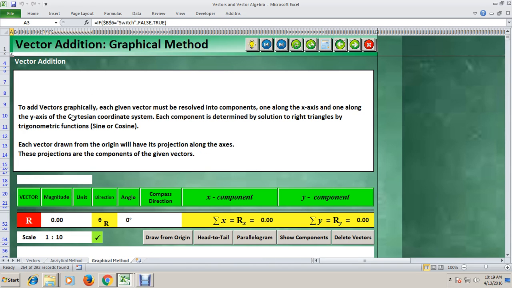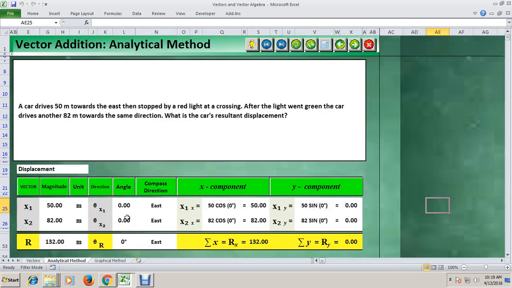Now, to add vectors graphically, each given vector must be resolved into components, just like what we have discussed in the analytic method. But of course, in the analytic method, we are doing the resolution of vectors analytically or mathematically.